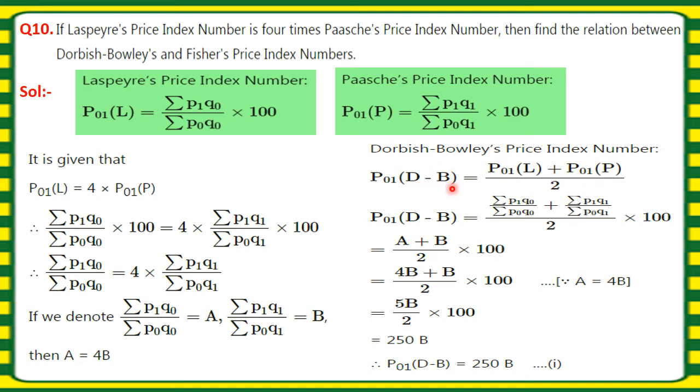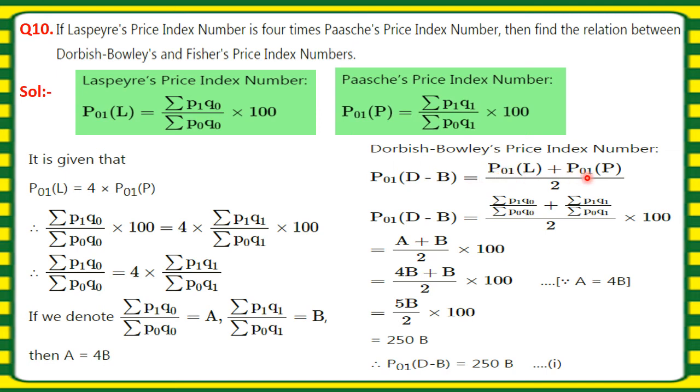Now P01 of DB is equal to sigma P1 Q0 upon sigma P0 Q0 plus sigma P1 Q1 upon sigma P0 Q1 divided by 2. Or you can directly write these quantities, that is A plus B divided by 2 into 100. So instead of writing the whole formula, we can use this.